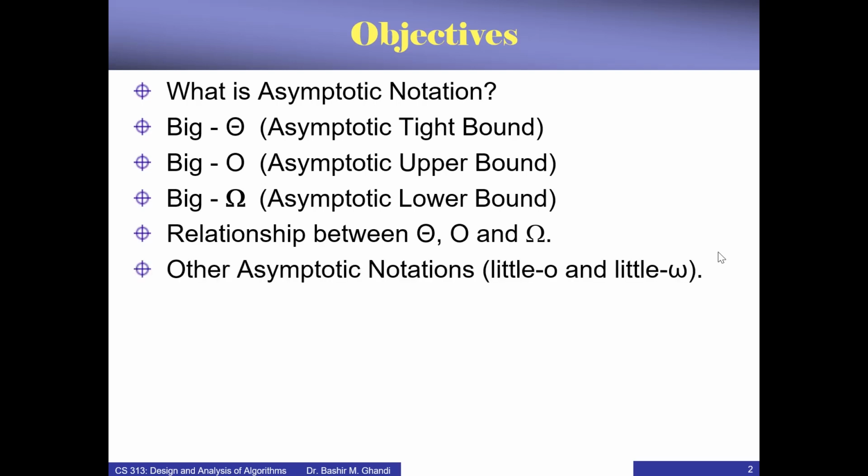Why are we calling them big? Because there are two other notations which are called little o and little omega. So this gives us five notations that are used to classify the running time function of an algorithm.